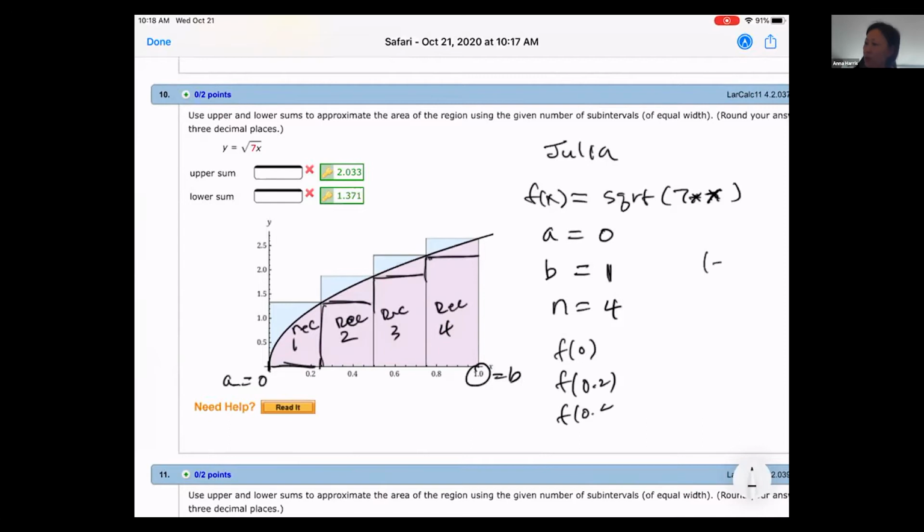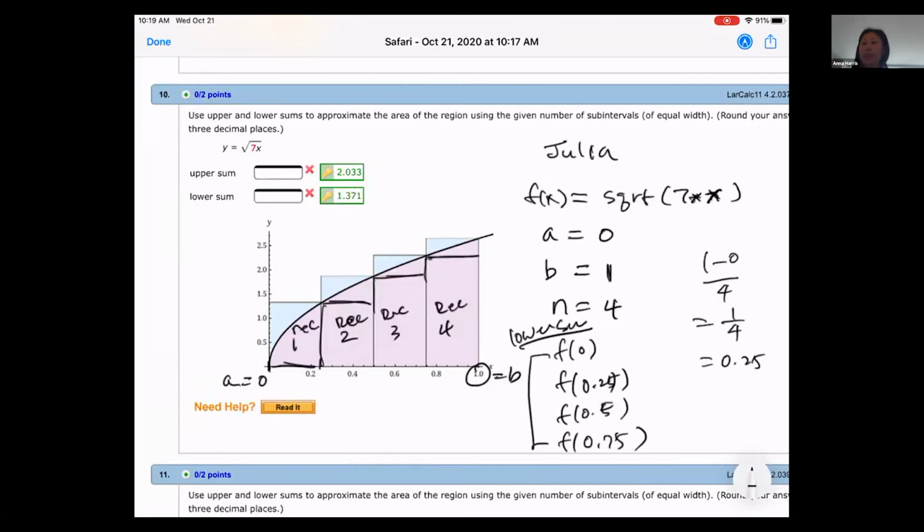So 1 minus 0 divided by 4 gives you what? 1/4, which is the same as 0.25. So this is 0.25. Next one will be 0.5. Next one will be 0.75. Okay, these are lower sums. You're going to use this as your height, length, I mean.